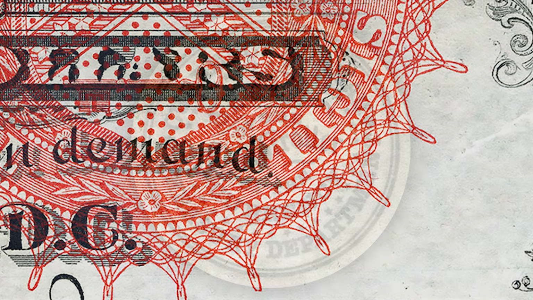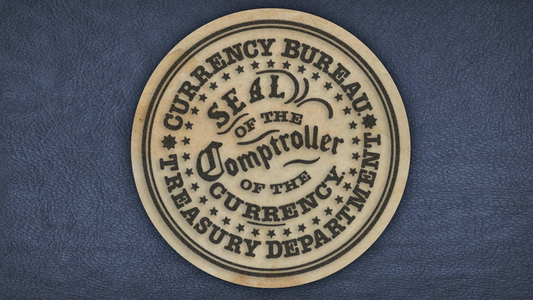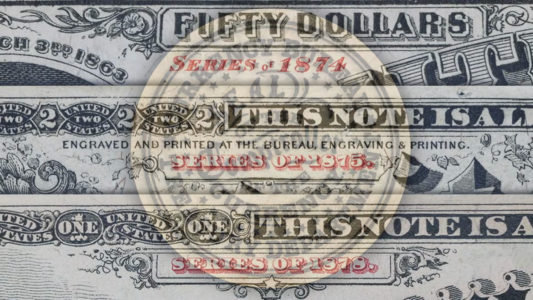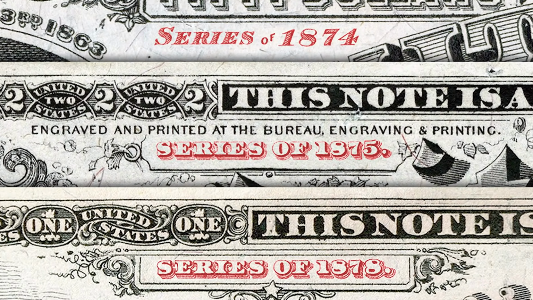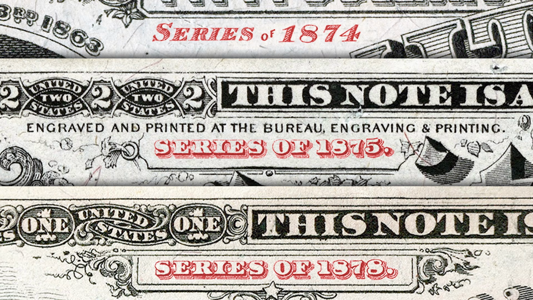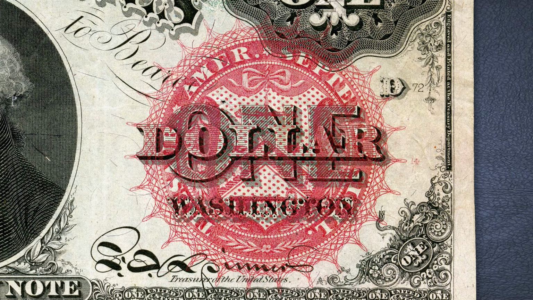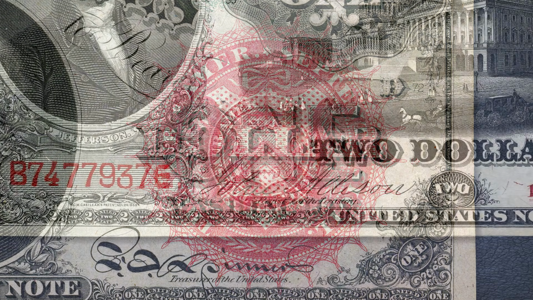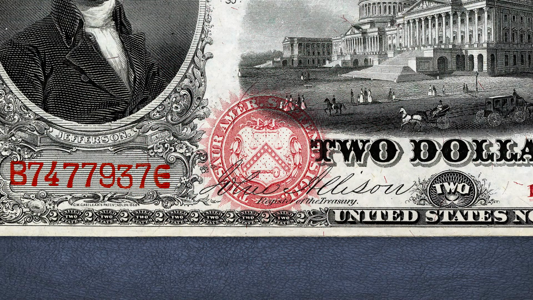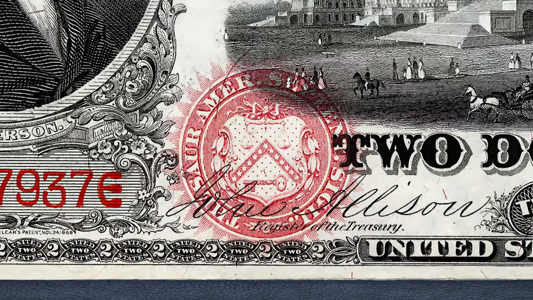Well, the National Currency Bureau, the name used before the BEP was actually formed, couldn't make up their minds, so with the Series 1874, 1875, and 1878 legal tender notes, they introduced a new seal greatly reduced in size from the large red spike seal. This is the small red seal with rays, which has a higher level of detail than the original Type 1 and Type 2 seals.